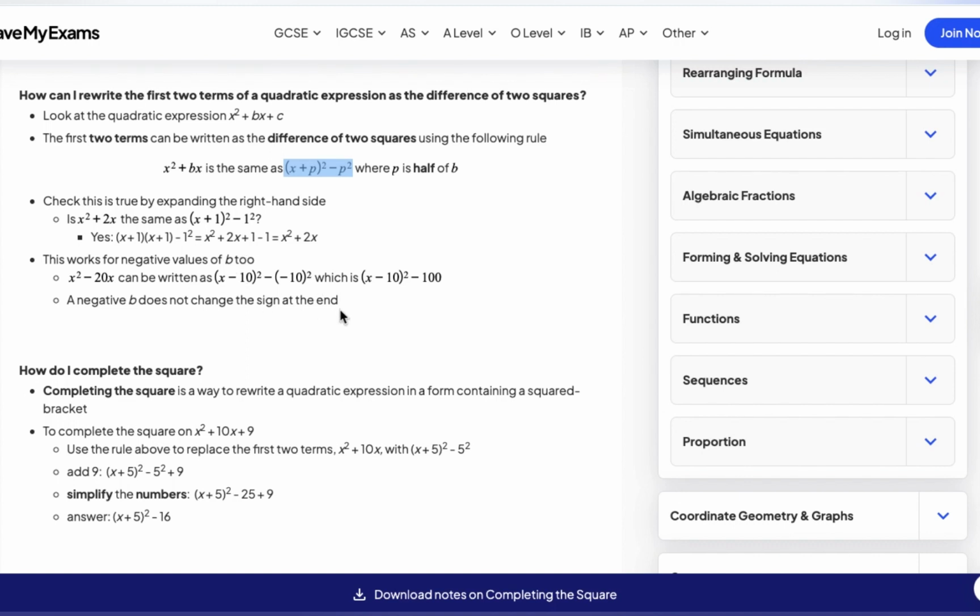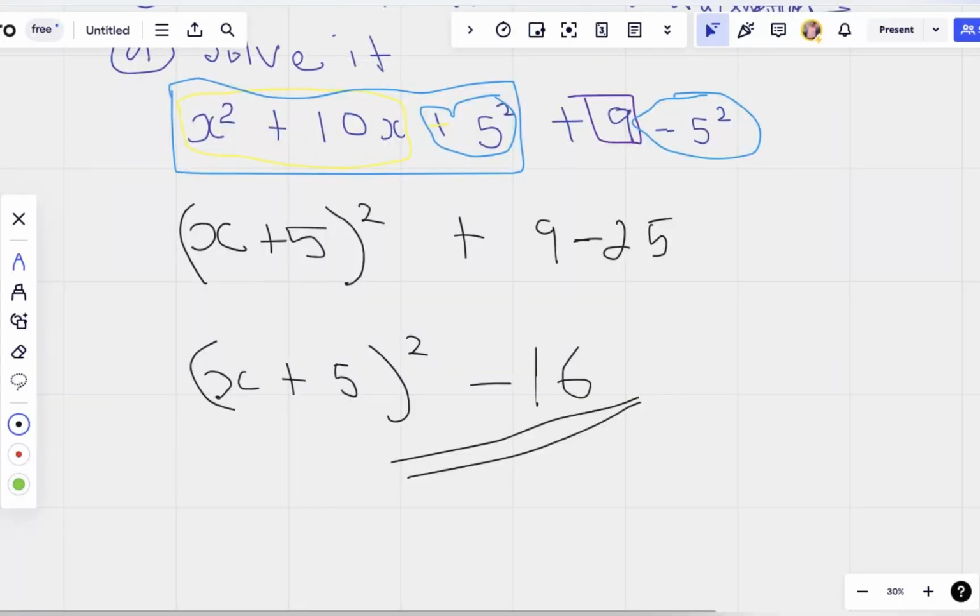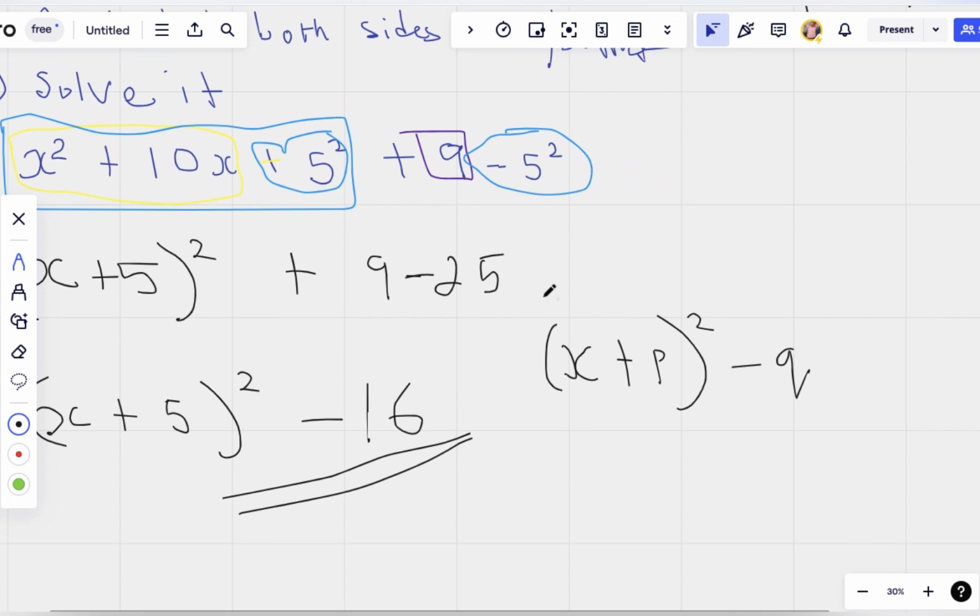So we're supposed to put it in this format, which is x plus p squared minus q, or minus p, whatever letter they use. This is called completed square form. This is not the completed square itself.